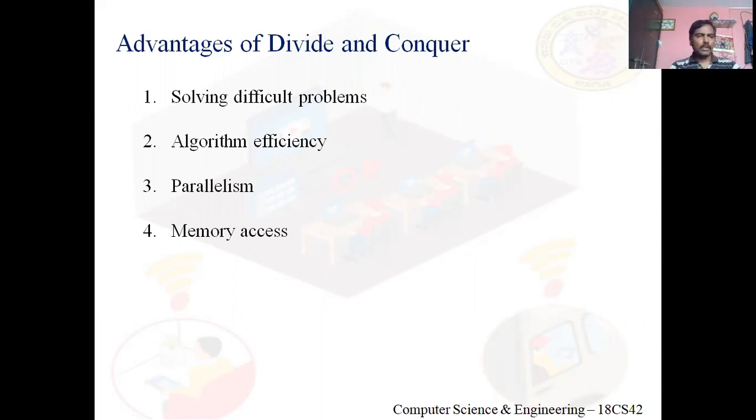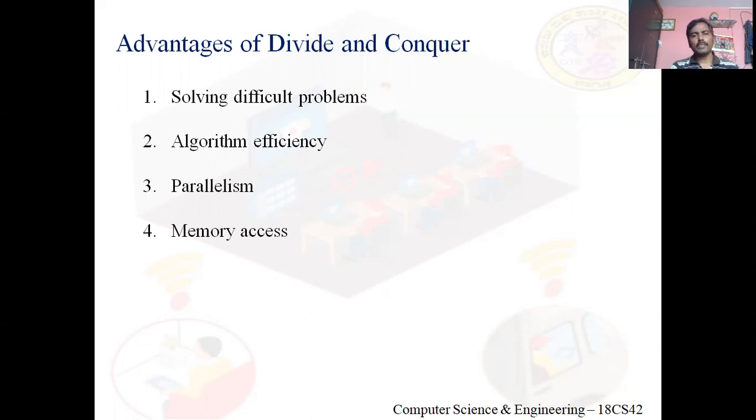In that case, one sub-problem might have been solved and its solution stored in cache memory. Next time, if this sub-problem needs to be solved, the solution can be accessed from the cache rather than solving a duplicate sub-problem.